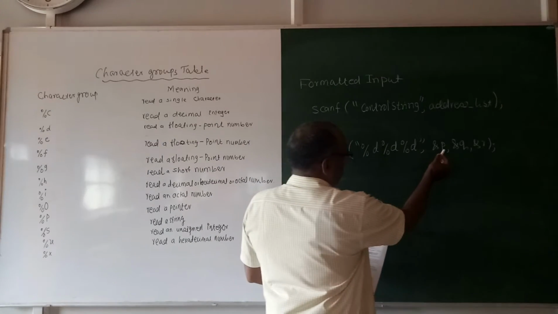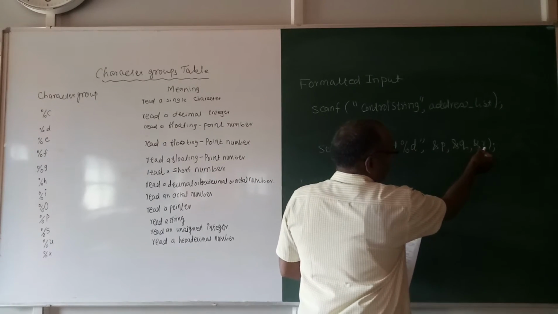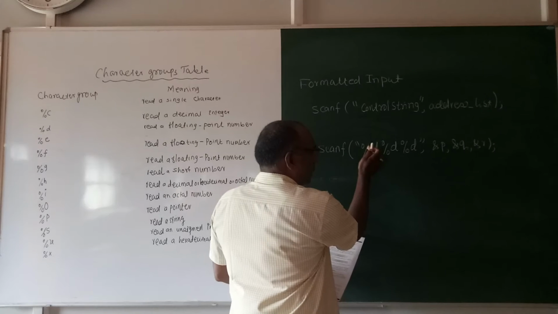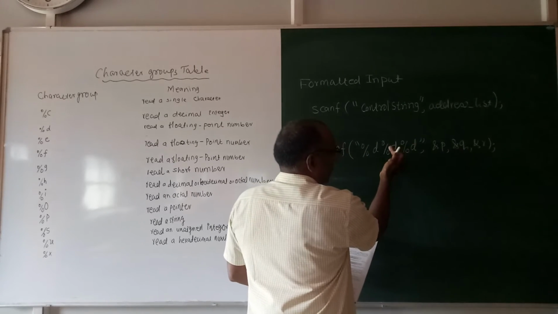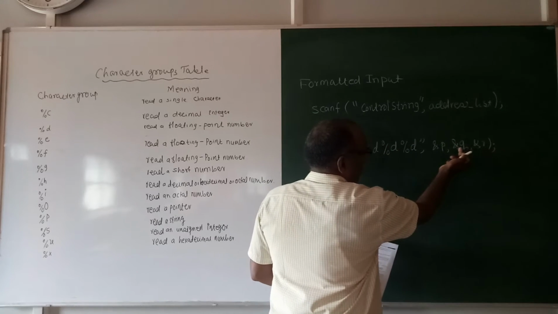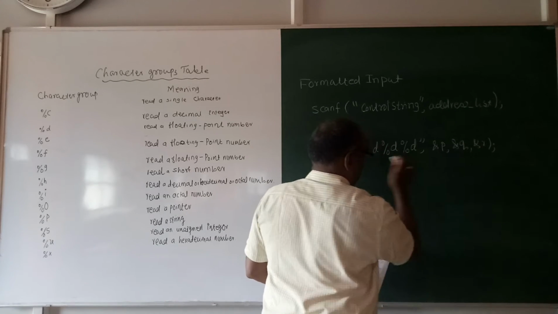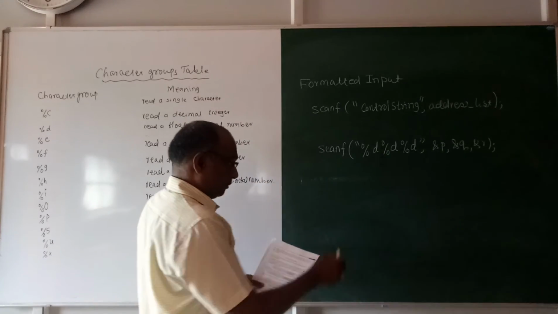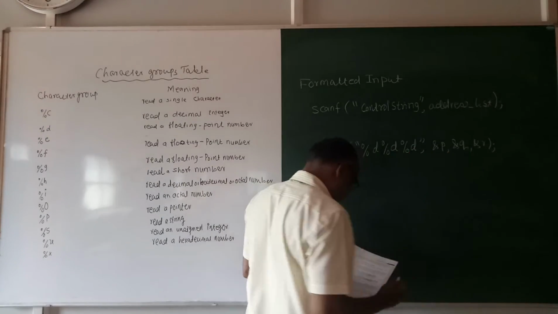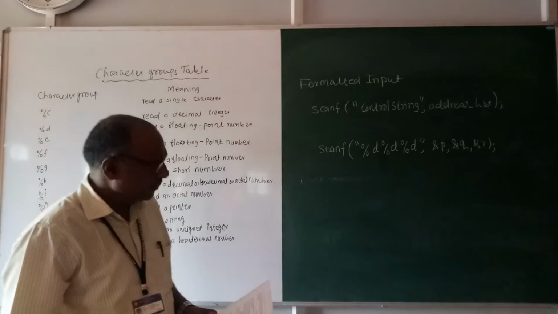This is for a decimal integer, right? If you write the specification here, that will be matched with this. For this, it will match with this. If you have not given a field specification, there is no question of matching here.